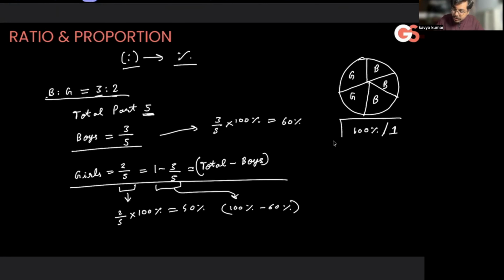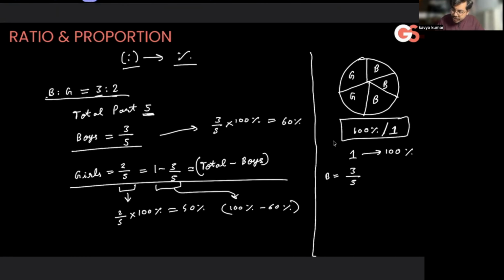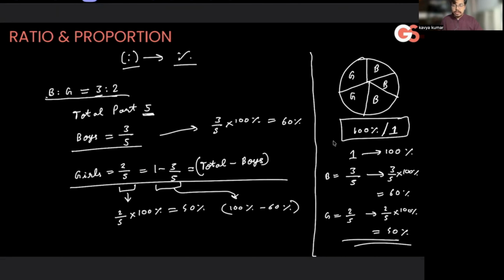So can we say 1 is 100%? For boys, it is 3 by 5, so this becomes 3 by 5 into 100%, which comes out to be 60%. For girls, it is 2 by 5 into 100%, which is again 40%. So this is another way of interpreting the same thing.